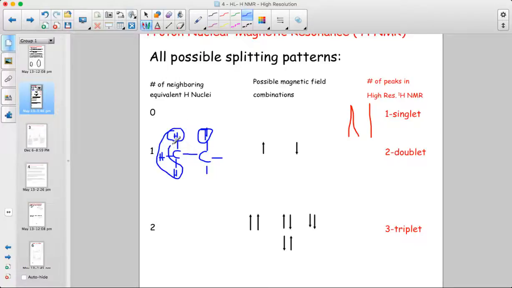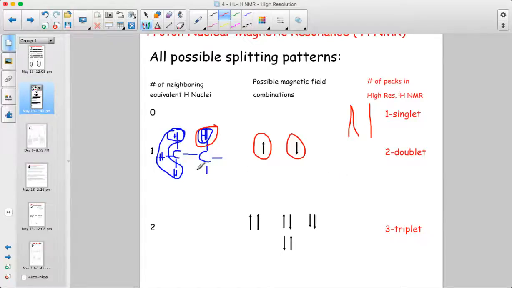We're looking at the peak for these three hydrogens, and those three hydrogens are next to one other hydrogen atom. So here's the thing: this hydrogen that I just circled in red can either have an up spin on its nucleus, or it can have a down spin on its nucleus. Those different spins have a slightly different magnetic field, and they influence the radio wave signal being given off by this hydrogen environment.